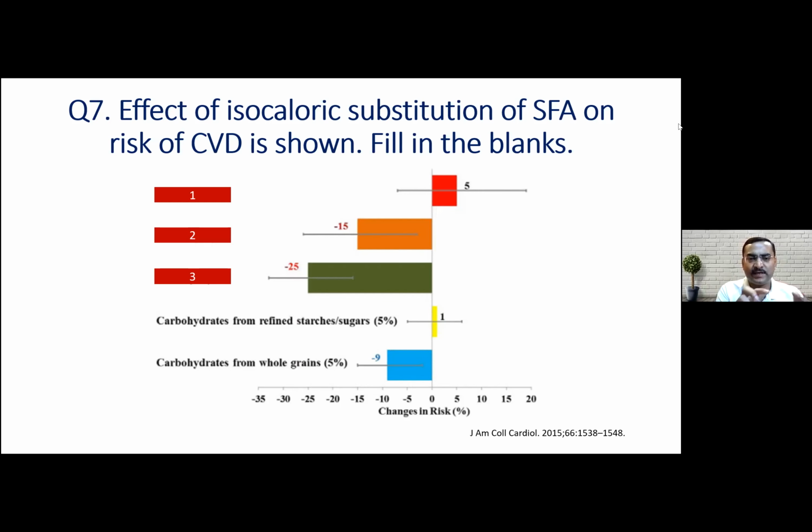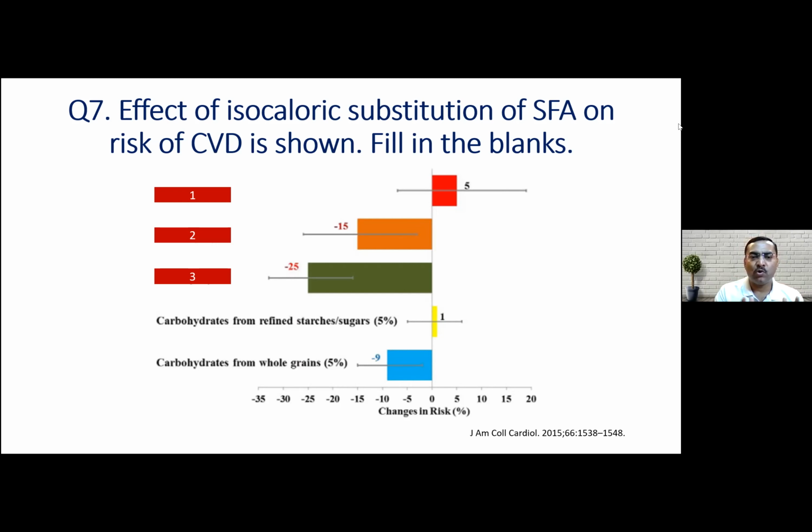With 2, there's a certain food substance, again, with which if you replace saturated fatty acids, you reduce cardiovascular risk by 15%. And 3, there is again something with which if you replace saturated fatty acids, you reduce the cardiovascular risk by 25%. So I need you to tell me what do 1, 2, and 3 represent.